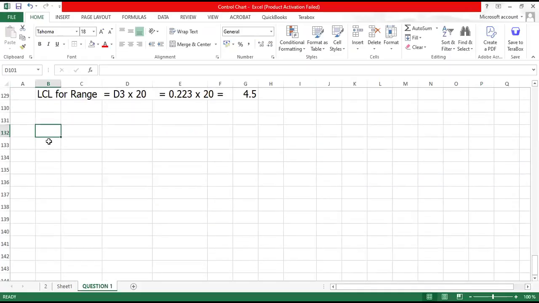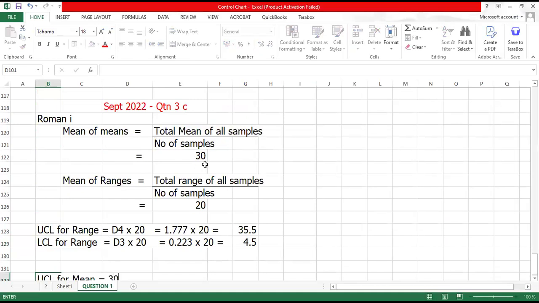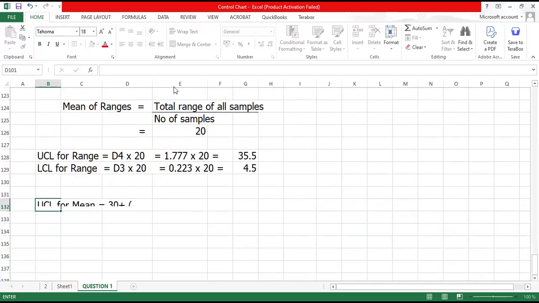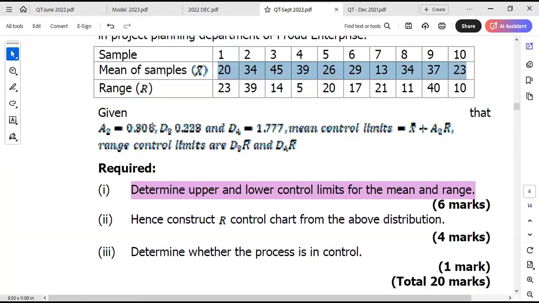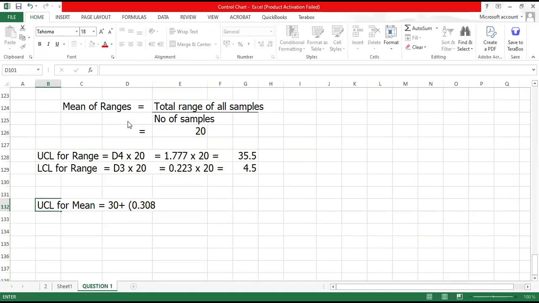The upper control limit for mean will be equal to mean of means, which is 30, plus open bracket A2, which is 0.308 as given here, times the average range, which is 20. What do you get?